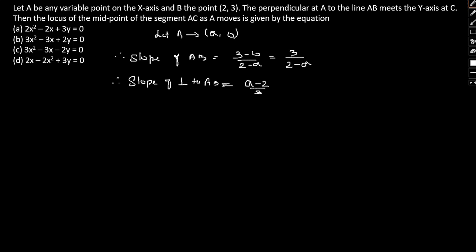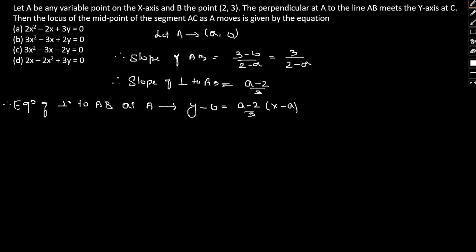So therefore the equation of the perpendicular to AB at A can be given by y minus 0 equal to ((a minus 2) by 3) into (x minus a). Now it meets the y-axis. If a line meets the y-axis, it means the x-coordinate is 0.